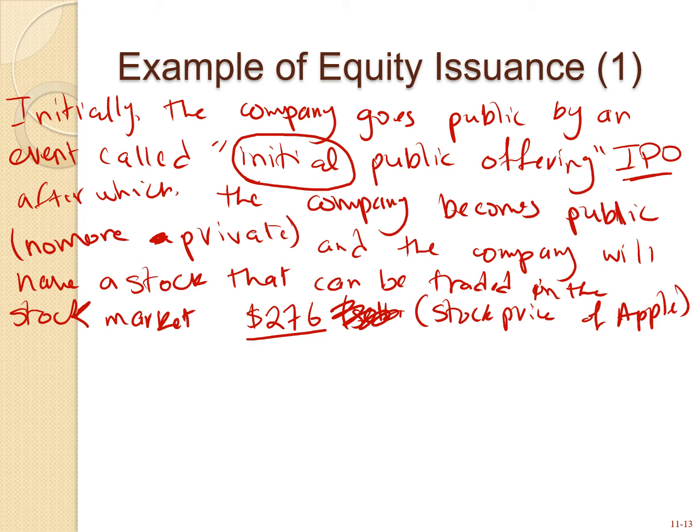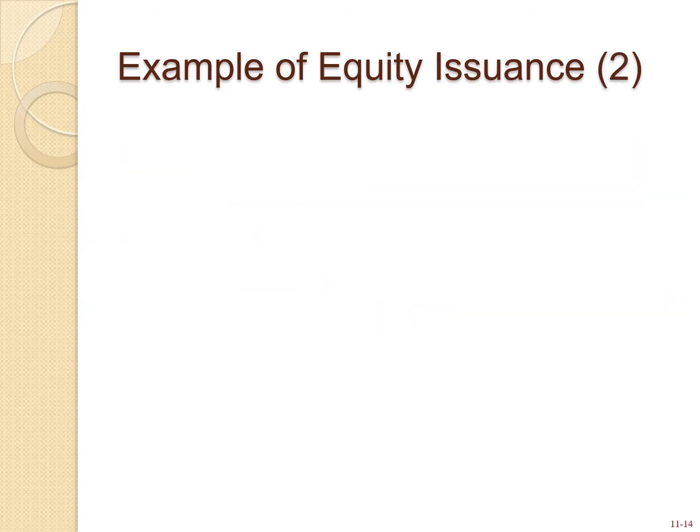Now, what I want to say is that after a few years of operations, of course, the company will be preparing their financial statements every month or every quarter or every year.